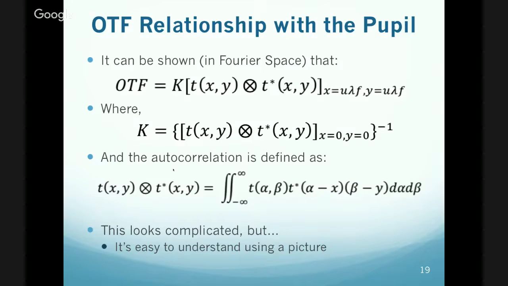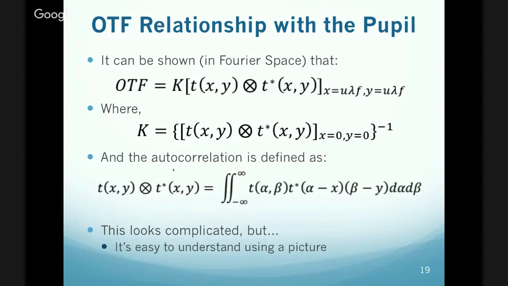This is starting to get really deep because there's so much math behind it, and unless you have some background here, you'll have to take my word for this: the OTF is equal to some constant times the pupil function cross-correlated with the complex conjugate of the pupil function. You have to do a little bit of a coordinate shift there.